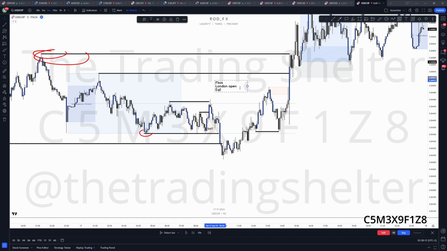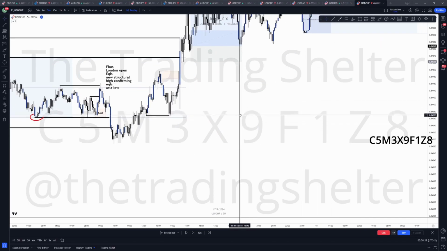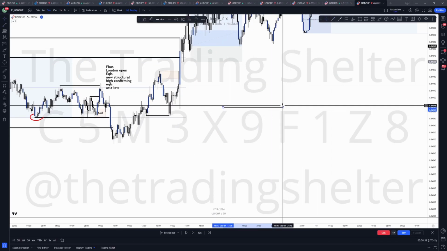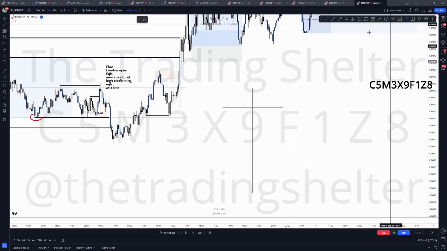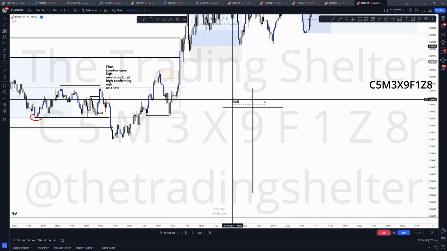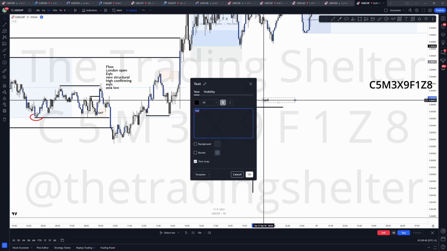Clear equal lows. A new structural high confirming the equal lows. What do we also have? Asia low. So when you put this together, you have liquidity on both sides.